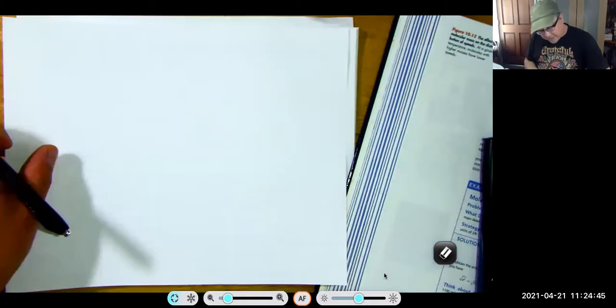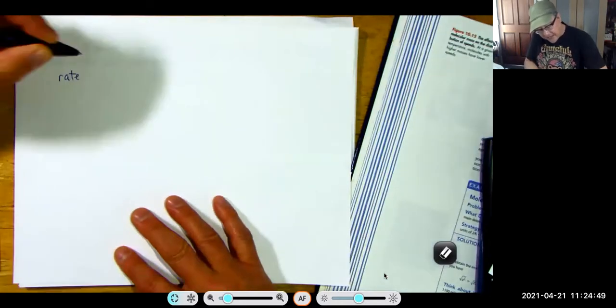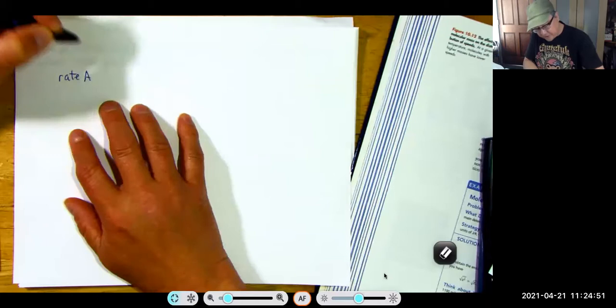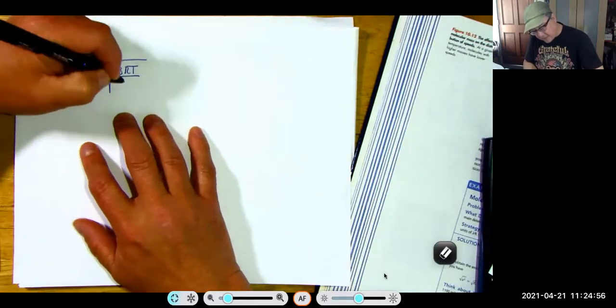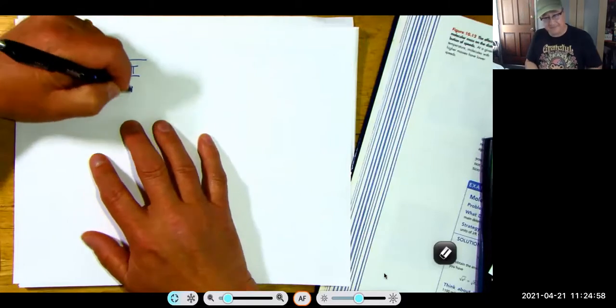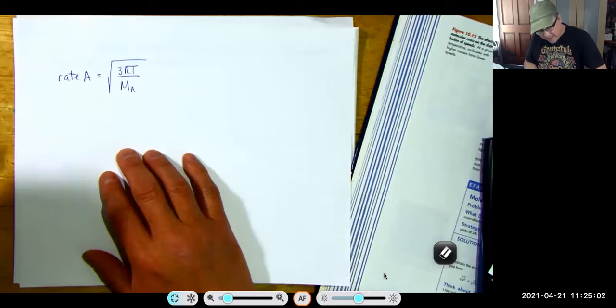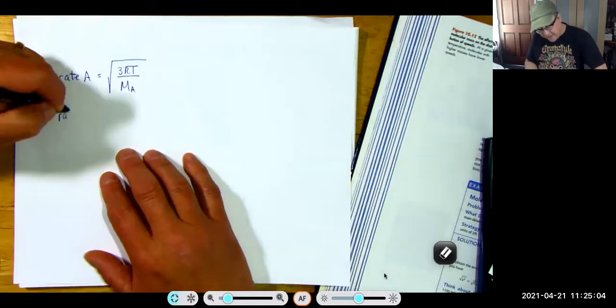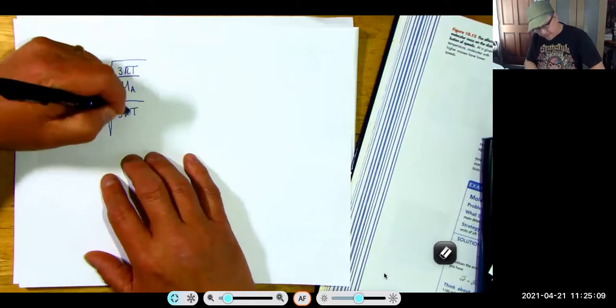So we've established that the rate of gas A is equal to the square root of 3RT over the molar mass of gas A, right? Yeah. And the rate of gas B is the square root of 3RT over the molar mass of gas B, correct?